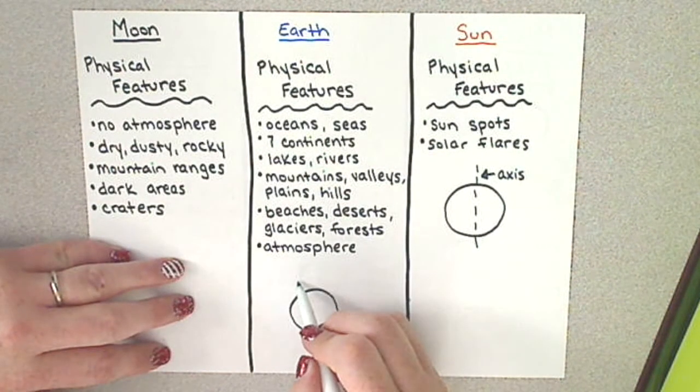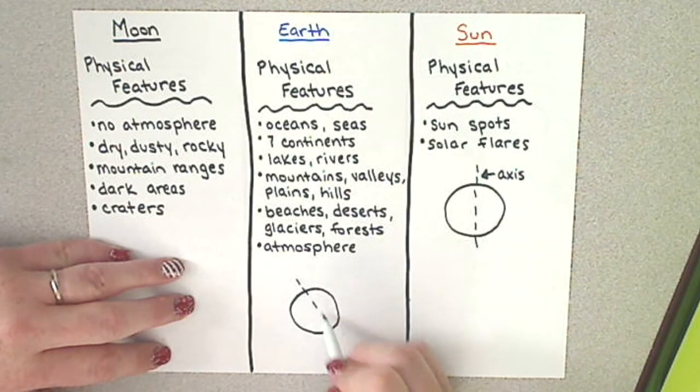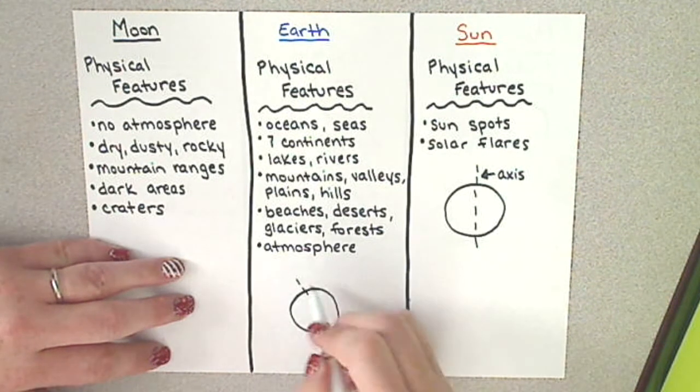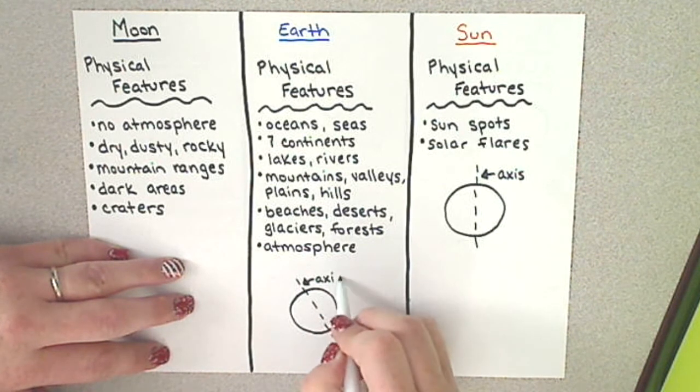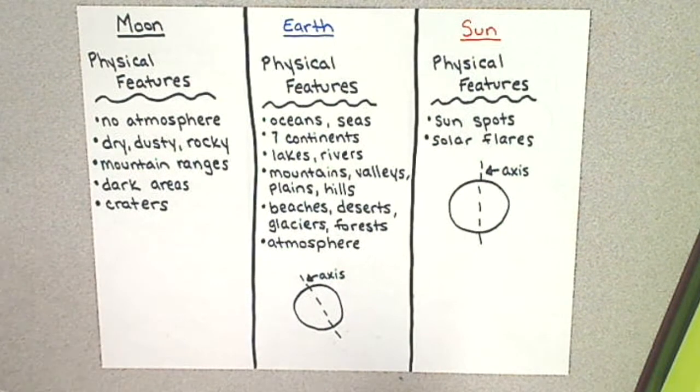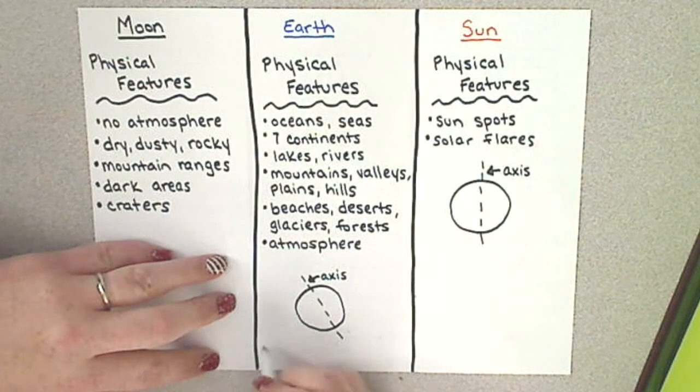Okay, so we're going to show that it's tilted. And this tilted axis is what causes us to have seasons.